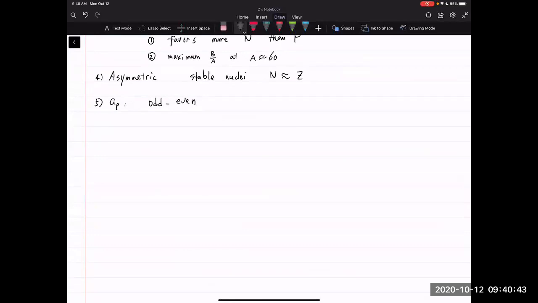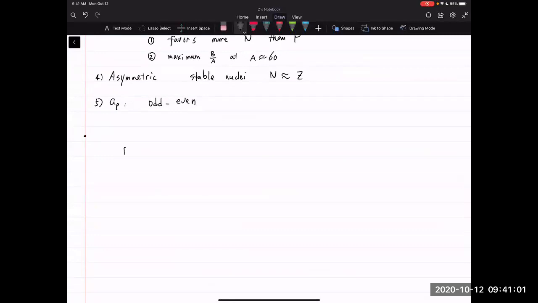Now a closely related topic: what can we do with this semi-empirical formula? If we know B as a function of A, think about the definition of the binding energy.